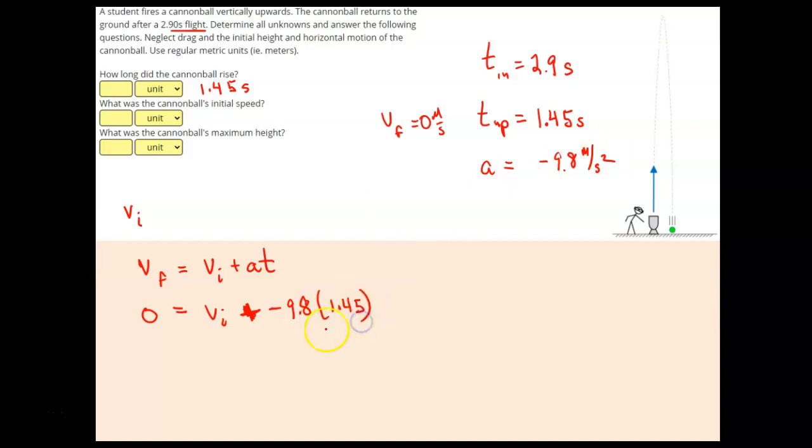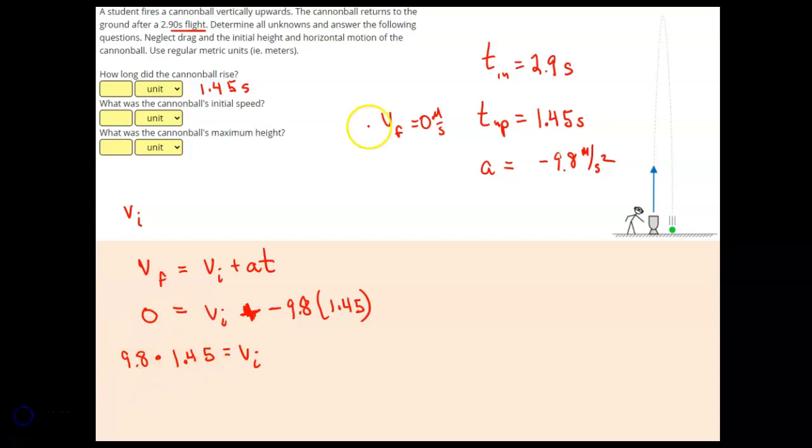1.45 seconds, okay? So whatever this product is, if we add it to both sides, we'd have 9.8 times 1.45 equals velocity initial. And then we plug that into our calculator, which should be a little bit less than 1.5 times 10, so it should be a little less than 15.